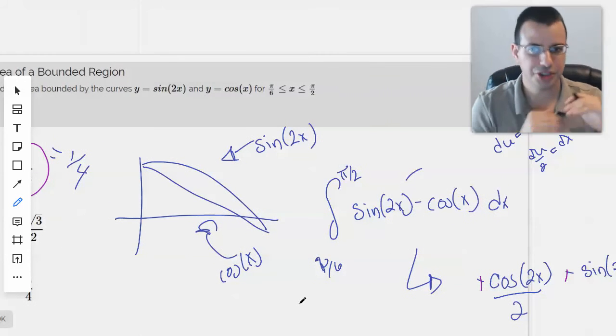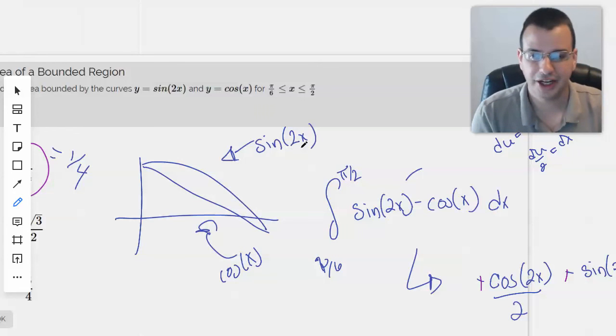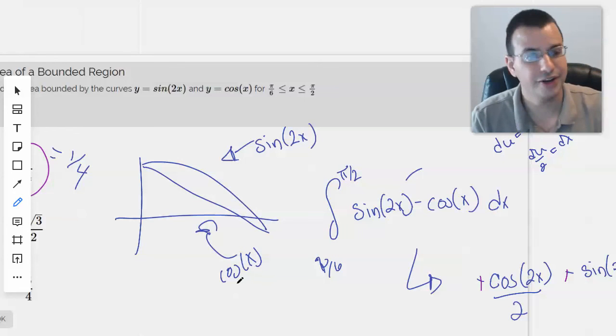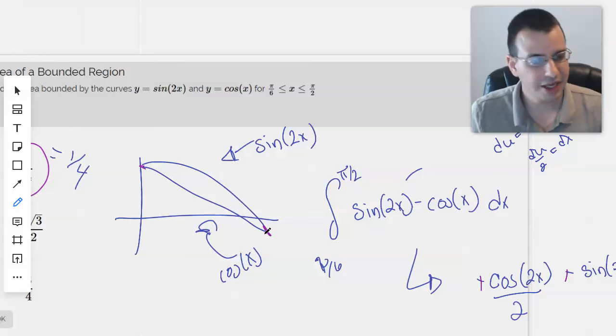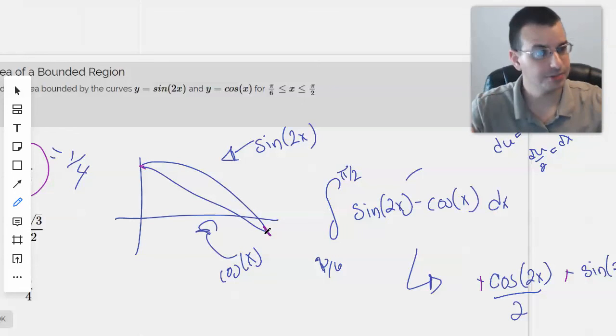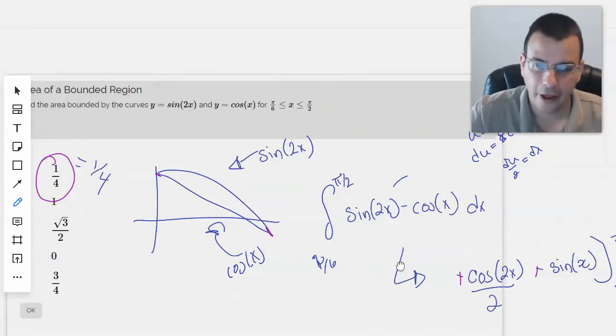We graphed the equations on our calculator, and the two graphs intersect at pi over 6 and pi over 2. We could also find that by setting sine of 2x equals cosine of x and solving for x, but that would take a while.